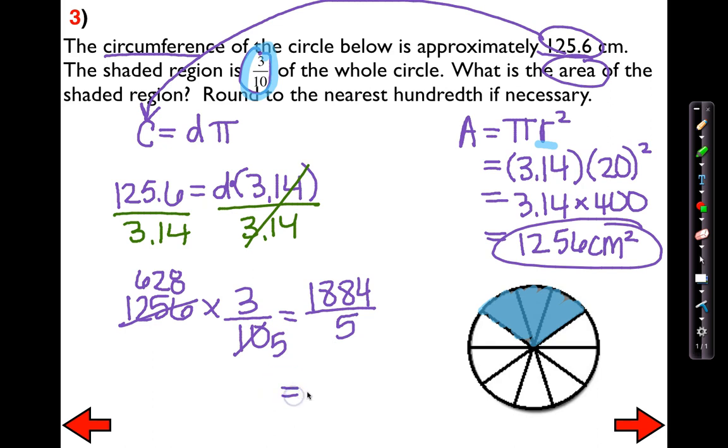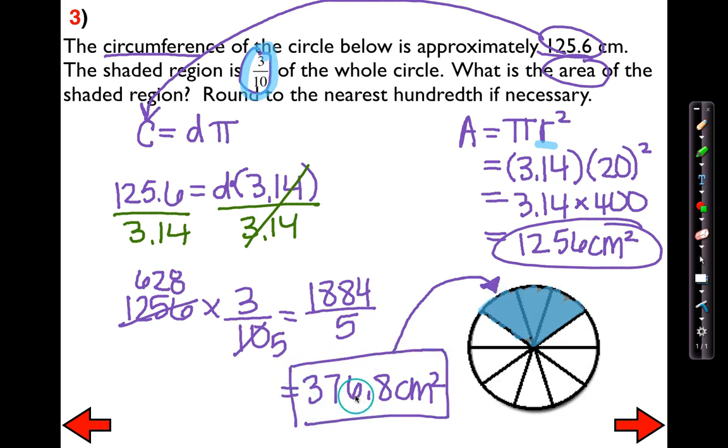Now, if you divide that out, you will end up with 376.8. In this case, it would be centimeters squared. So what is the area of this shaded section in the circle? It would be 376.8 centimeters squared. Again, you had to find the area of the entire thing and simply take 3/10 of it because that's what was shaded.